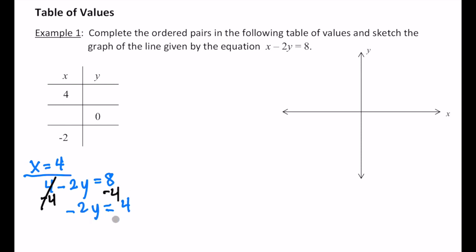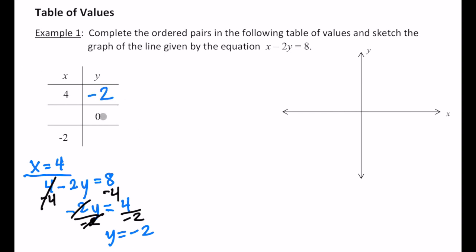Now we can divide both sides by -2 to isolate y. And now we have y is equal to -2. That means for this line, when we have an x-coordinate of 4, we have to have a y-coordinate of -2. So that gives us our first ordered pair.